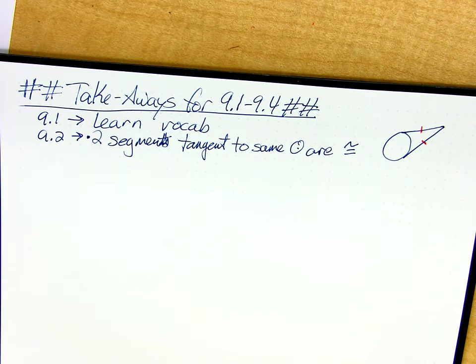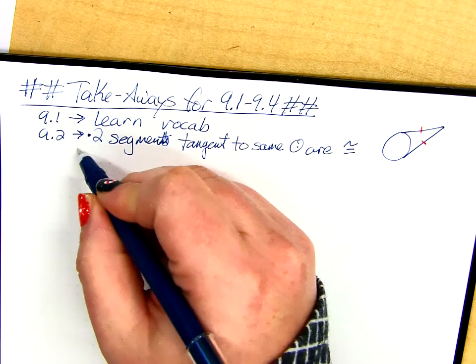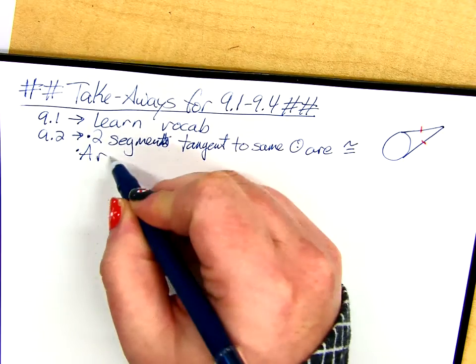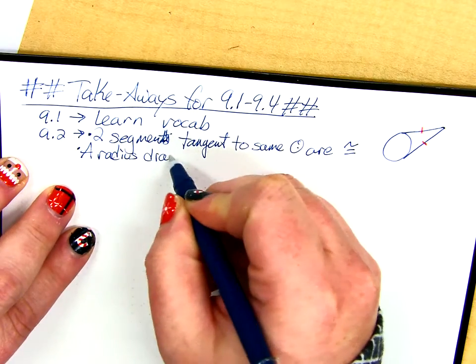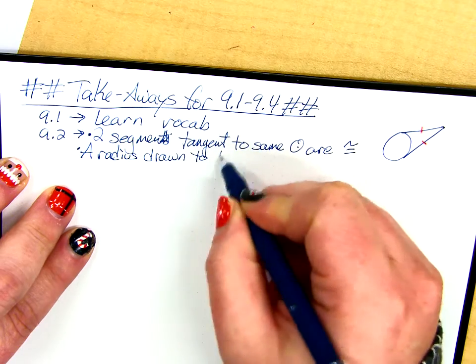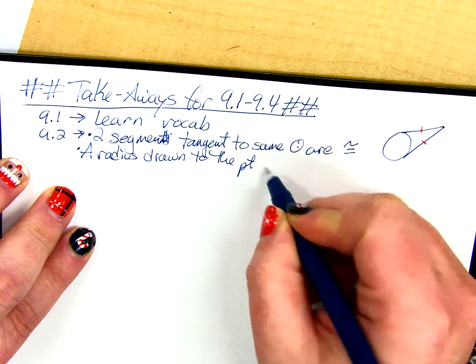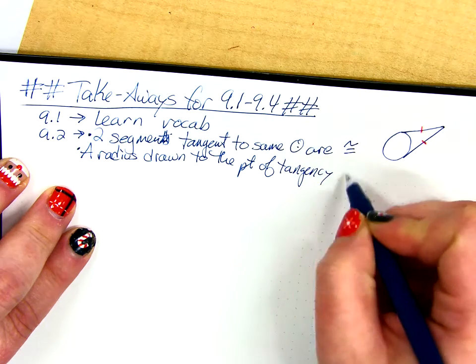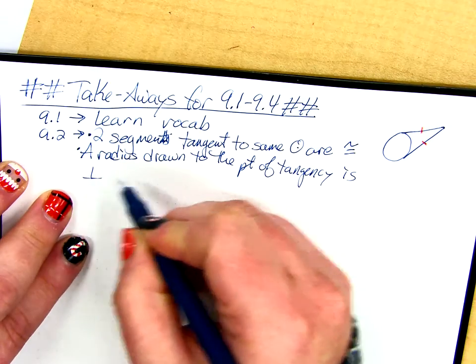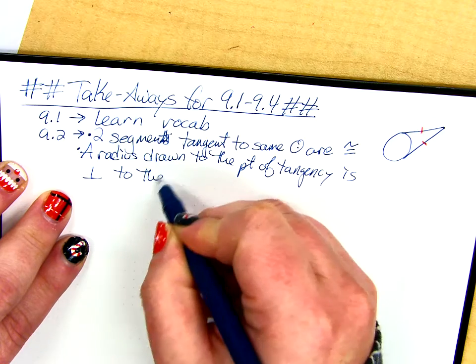If you draw a radius to a point of tangency, what happens? Oh, it's perpendicular. Yes, it's perpendicular to the tangent line. So a radius drawn to the point of tangency is perpendicular to the tangent line.